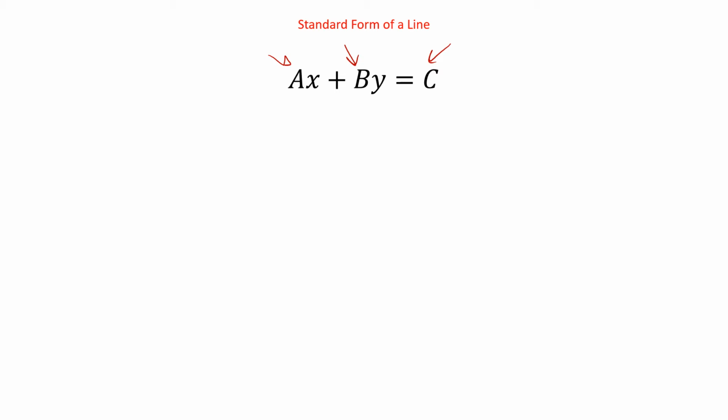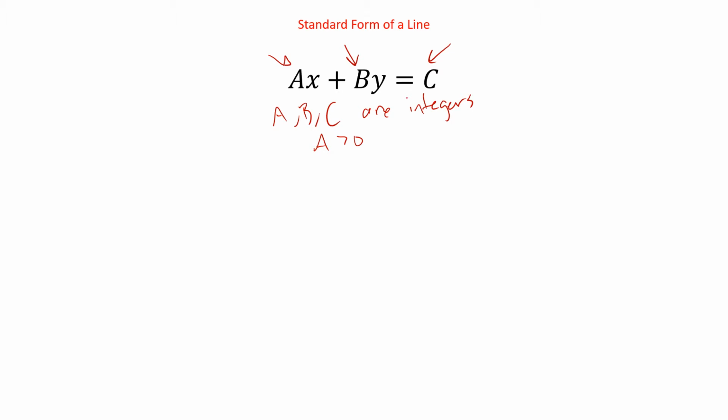And also, this a value is positive. If that's not positive, we would just multiply everything by a -1 to make it positive. So a, b, and c are integers, and a is greater than 0.